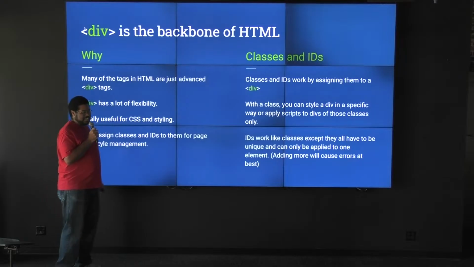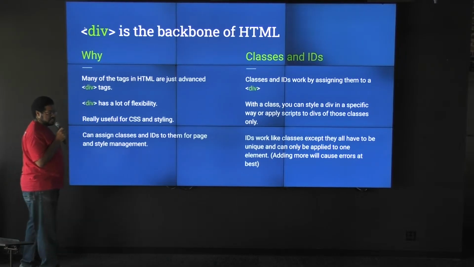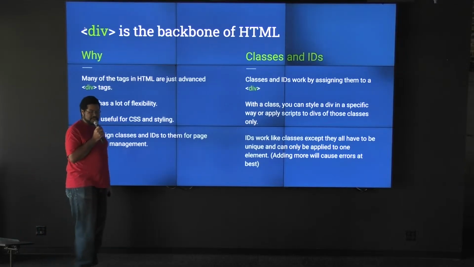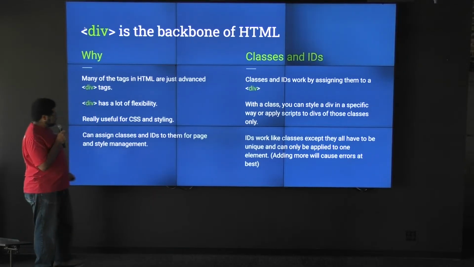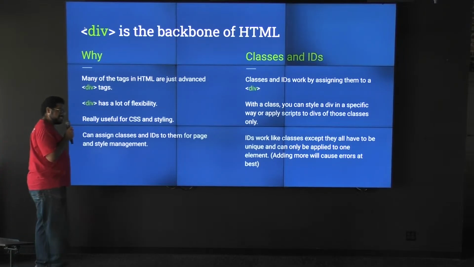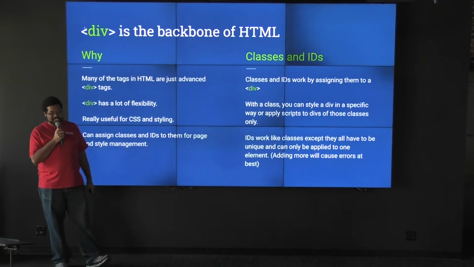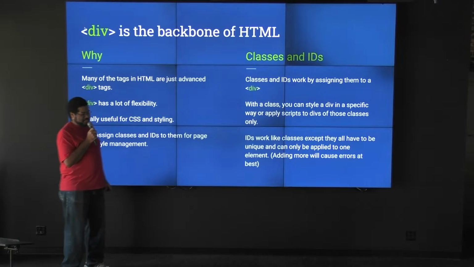It's kind of like how you would do a program class, and how a class shares all of its properties. Divs are very flexible. You can basically do just about anything and make an entire page of just divs. I wouldn't, but you could.